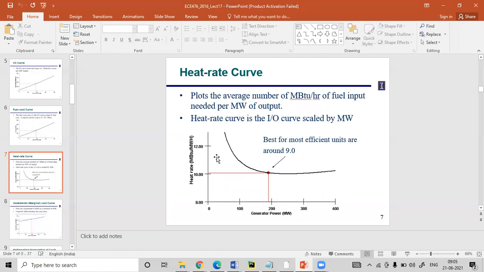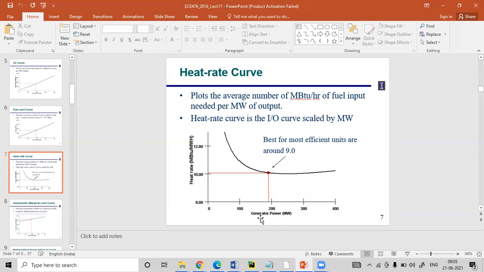Right? Now the heat rate curve plots the average number of MBTU per hour of the fuel input needed per megawatt of the output. Right? How much heat rate, how much British thermal unit required per hour to generate per unit power of the generator in terms of megawatt.